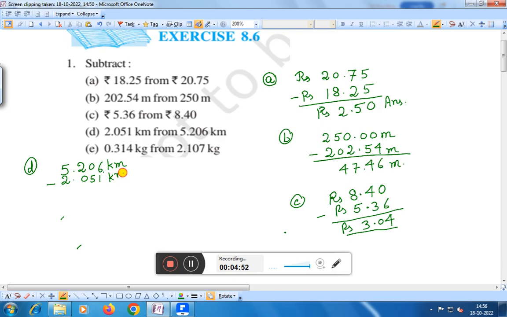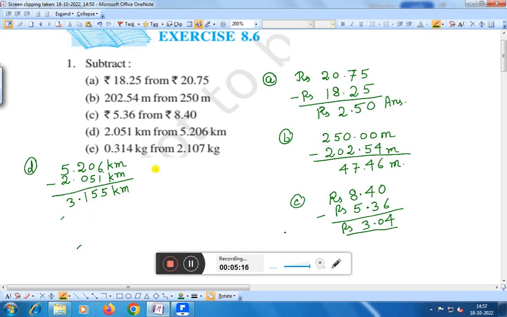You will subtract this one. Therefore, if you subtract, you are getting 6 minus 1, that is 5. 5 carry 1, 1 2, 5 minus 2, 3. 3.155 kilometer. This is the answer of question number D.